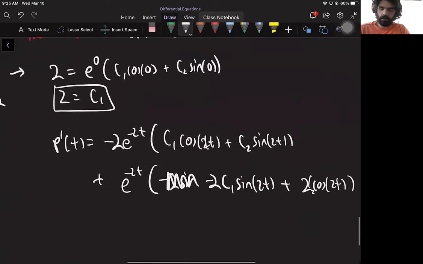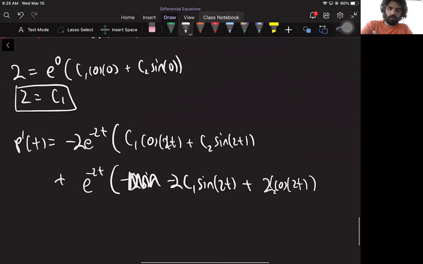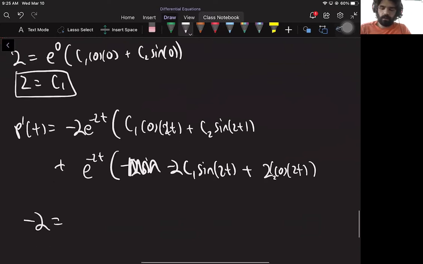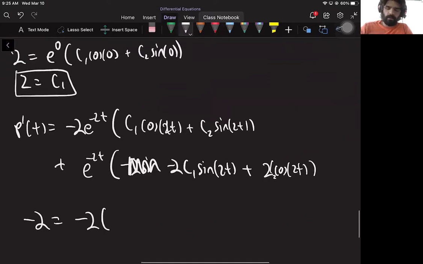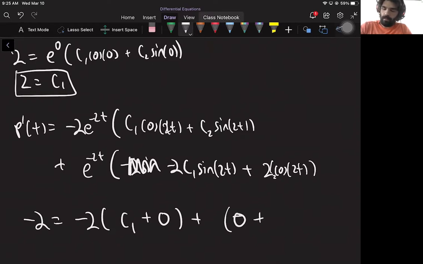So now I plug 0 into this and set it equal to negative 2. So e to the 0 gets me 1. This becomes C1 plus 0 because sine of 0 is 0, plus e to the 0 is 1 times negative 2 times sine of 0 is 0, plus 2 C1 cosine of 0 is 1.